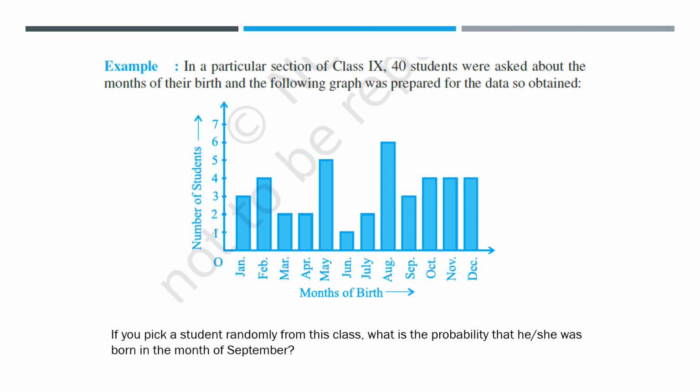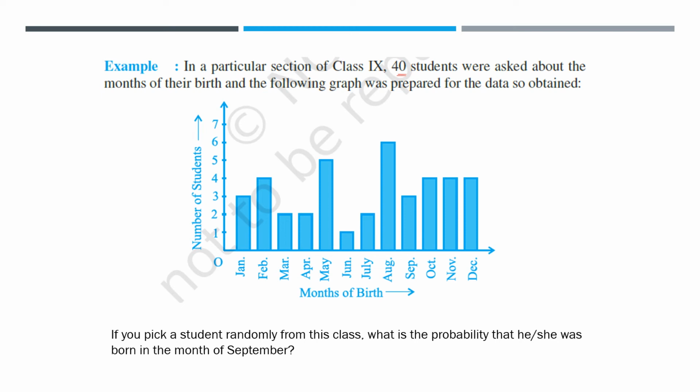Let's solve some problems. Very simple problem to begin with on empirical probability. Most of the problems you will see here, I got these from the NCERT textbook. In a particular section of class 9, 40 students were asked about the months of their birth and the following graph was prepared for the data so obtained.